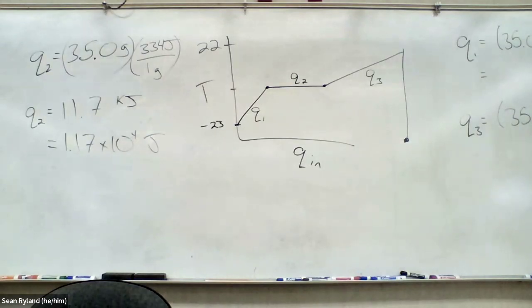Here we're going to get a much smaller number. 35 times 2 is 70, times another 20 is about 1,400. Actually, 35 times 2.11 times 23 is 1,698, about 1,700.